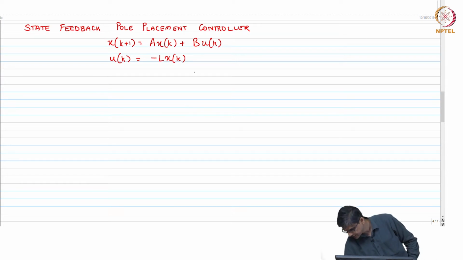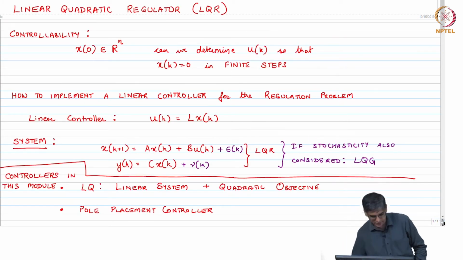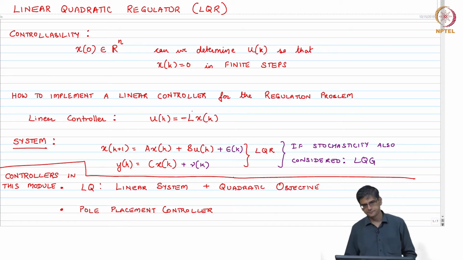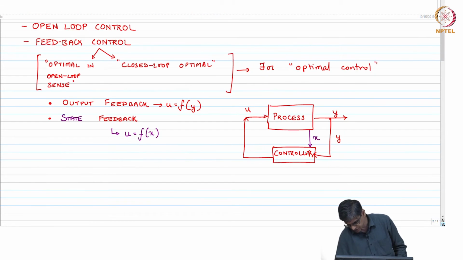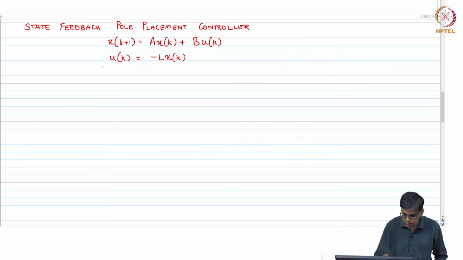Did I put... I think I might have put... Okay, yeah, I remembered right. Sorry, this should have been negative L x k. Actually, it does not matter, but we just want to stick to the notations.